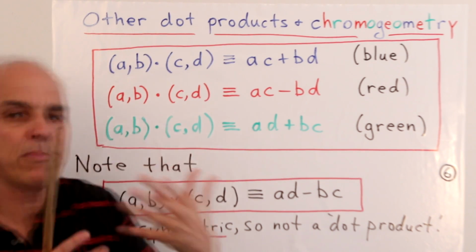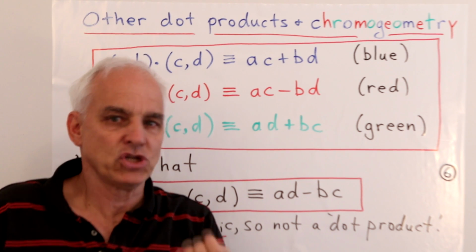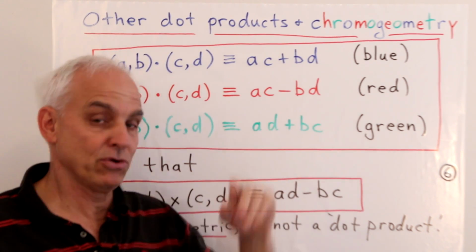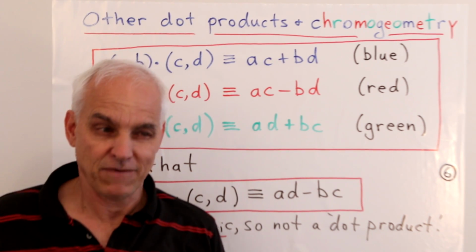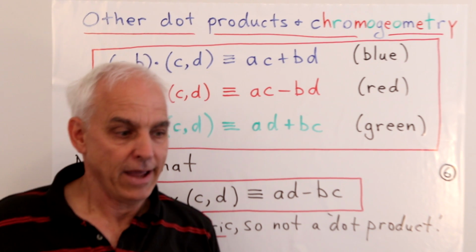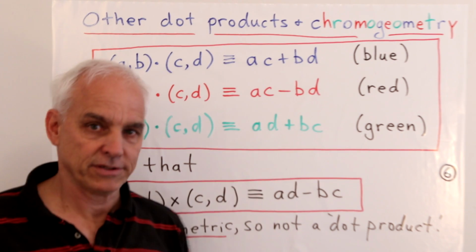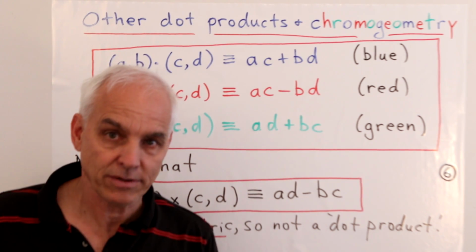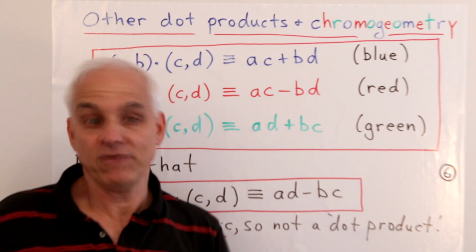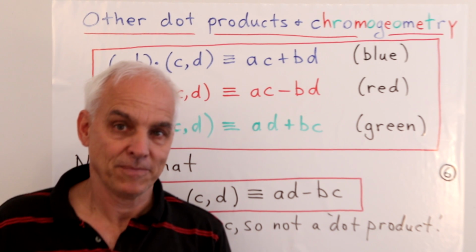A lot of the properties are still going to be satisfied. There's still going to be rich geometry. The red geometry is every bit as rich as the blue geometry. In fact, in higher dimensions, it's arguably even a little bit richer. And physically, relativistic geometry is just as important as Euclidean geometry, and arguably, in higher dimensions, it becomes even more important. That's the point of Einstein's special theory of relativity.